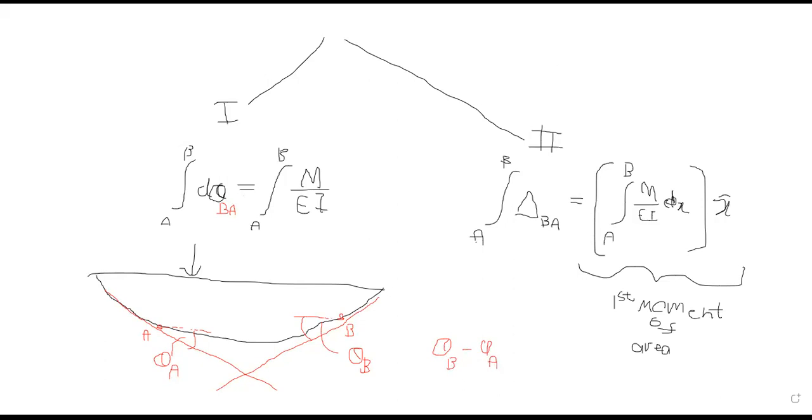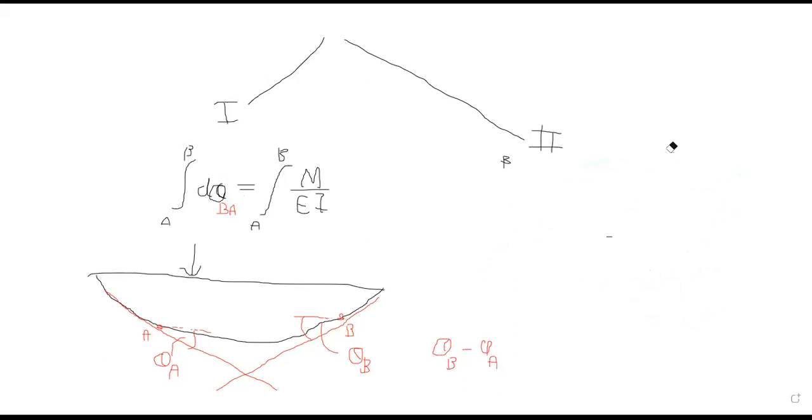Okay, so for now we will replace this. Theta B minus theta A is equal to the area of the M over EI diagram between A and B. It's very simple, right?